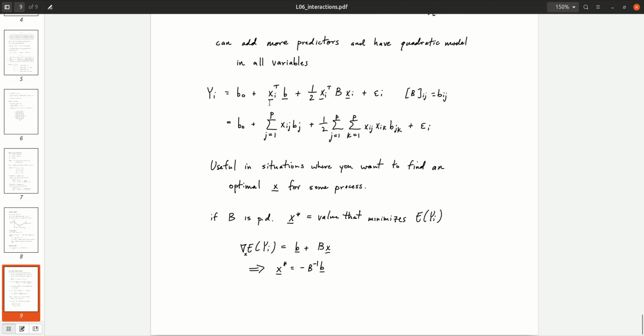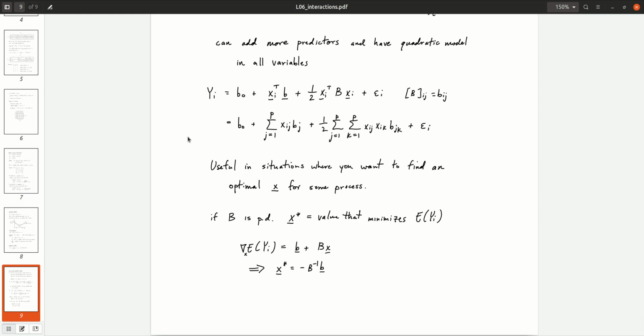So b0 plus xi transpose b. Here xi is a vector which contains xi1, xi2, xi3 up to xip, and b is a vector which contains b1, b2, b3 up to bp. Here, capital B is a matrix whose ij entry is bij. And then we can write out the entire quadratic in p variables in this form here.